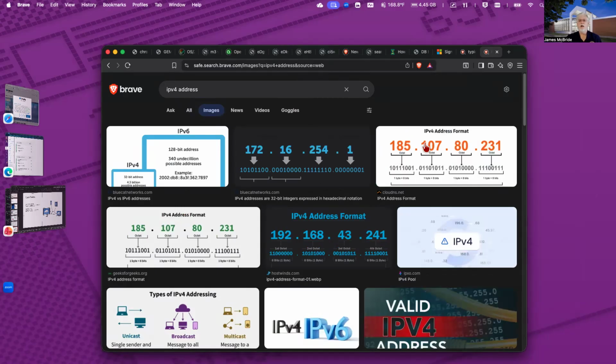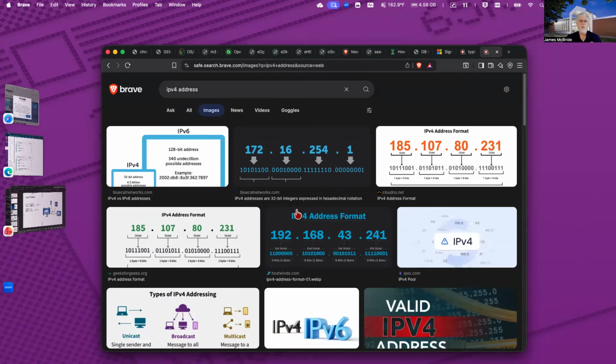So an IPv4 address looks like this. You basically have what they call an octet separated by these decimals or dots. And these numbers can go from 1 to 254. Mathematically, it can go from 0 to 255, but usually 1 to 254.